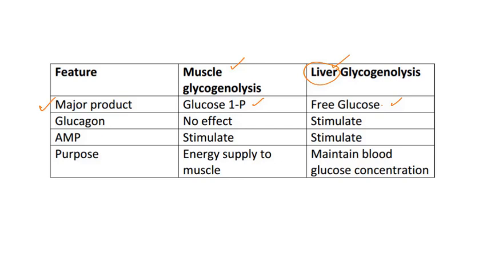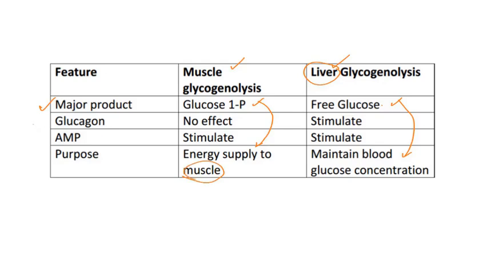Glucose 1-phosphate is not capable of coming out of the muscle cell, but the free glucose produced in the liver can enter the blood circulation. So, glucose produced in liver can maintain the blood glucose concentration, but the glucose produced in the muscle as glucose 1-phosphate can only give the energy to the muscle.